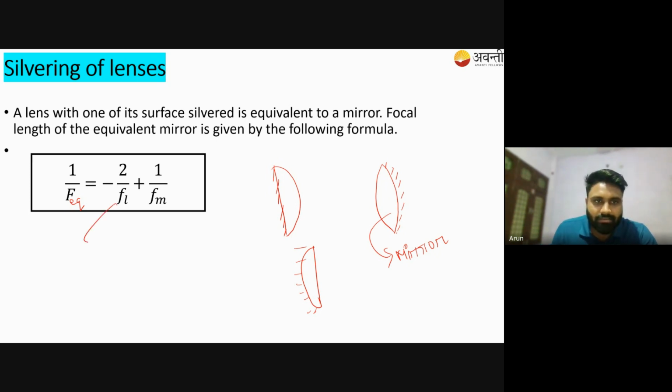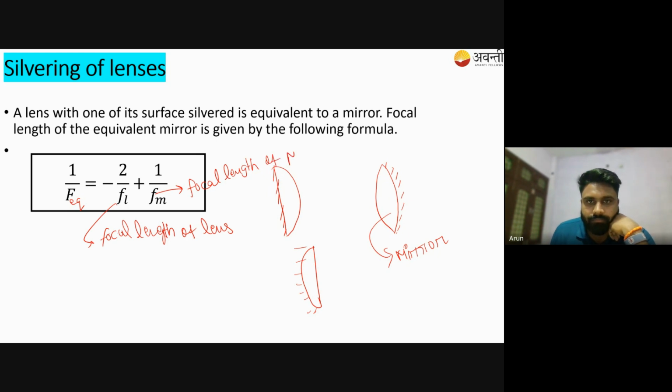Here FL is the focal length of the lens, and FM is the focal length of the mirror. I hope you got this formula. So we are trying to find the focal length.